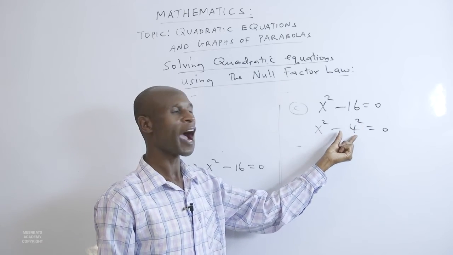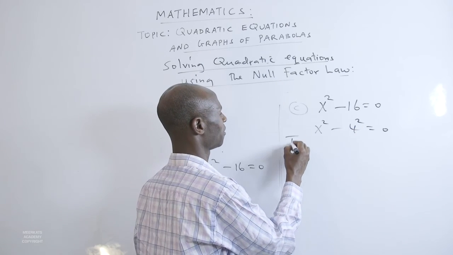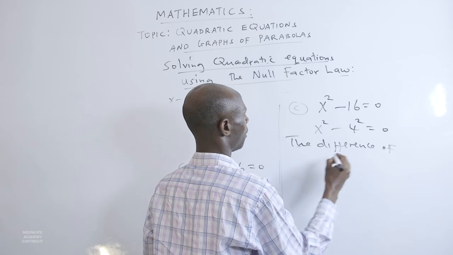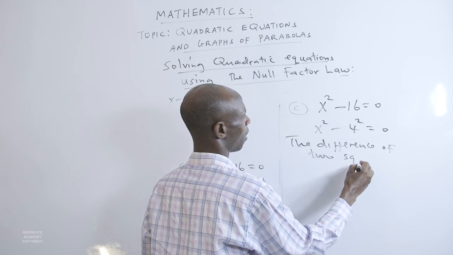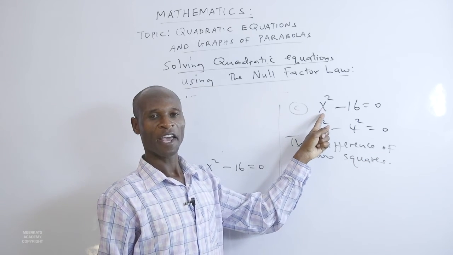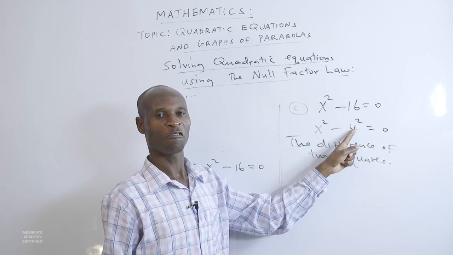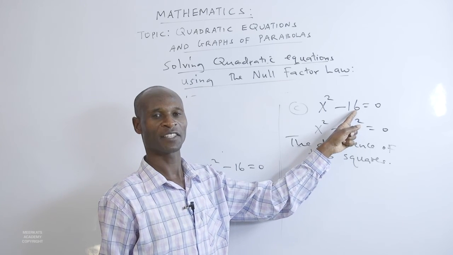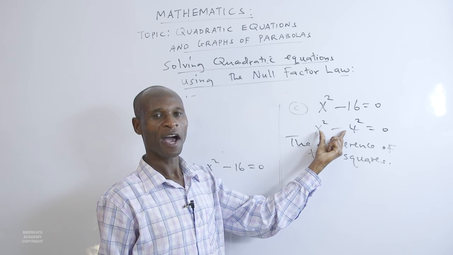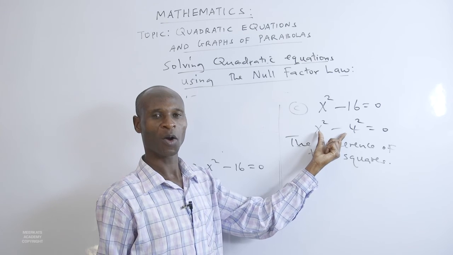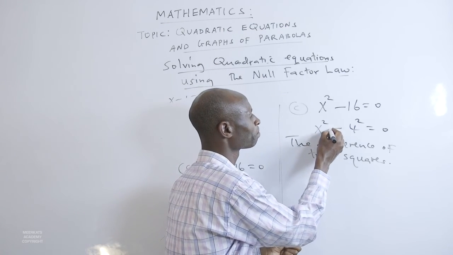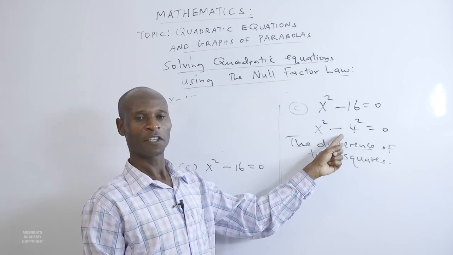So that means we are having the difference of two squares. There is a square of x, which is x squared. There is a square of 4, which is 4 squared, and that gives us 16. So to get the linear factors for this particular quadratic, where we have a difference, meaning the subtraction, there's a difference of two squares.